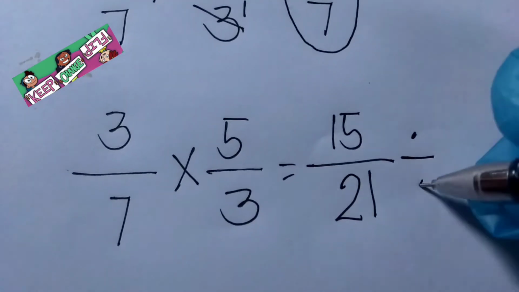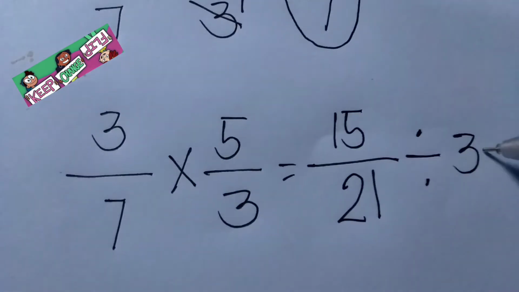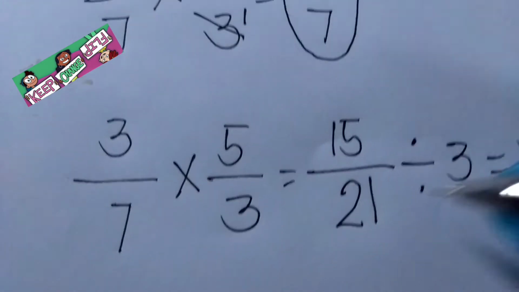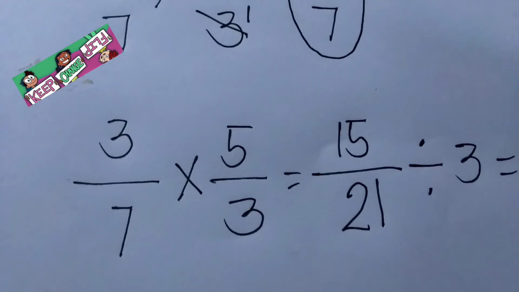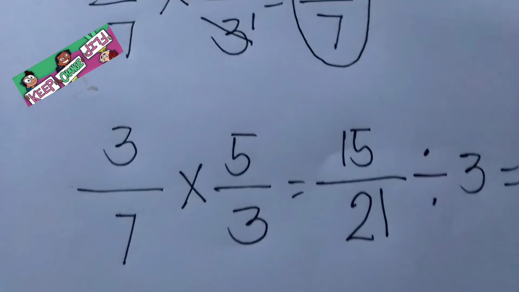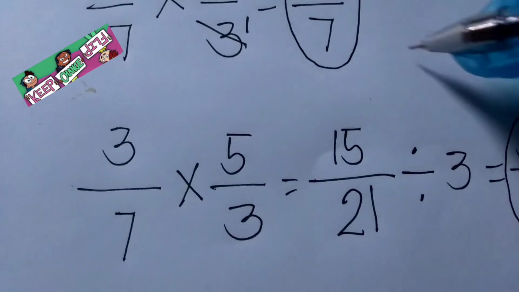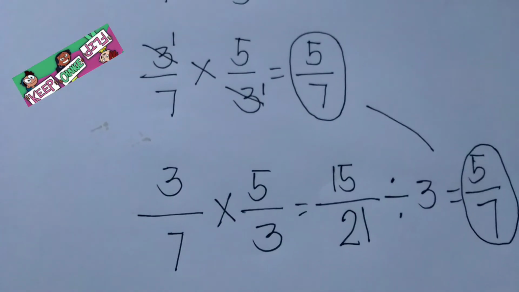So 15 over 21 can still be reduced into lowest terms by dividing it by 3, that is the GCF. So 15 divided by 3 is equal to 5, then 21 divided by 3 is equal to 7. The first process and the second process have the same answer.